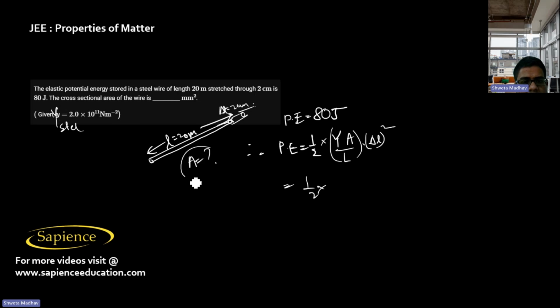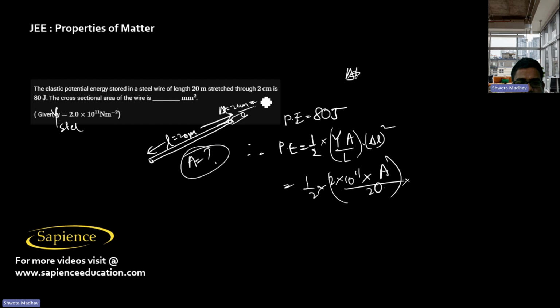So A you have to find out. So the Young's modulus, that is 2 into 10 power 11 into A divided by the length, that is 20 meter, into delta L, which is 2 centimeter, means I can write 0.02 meter also.